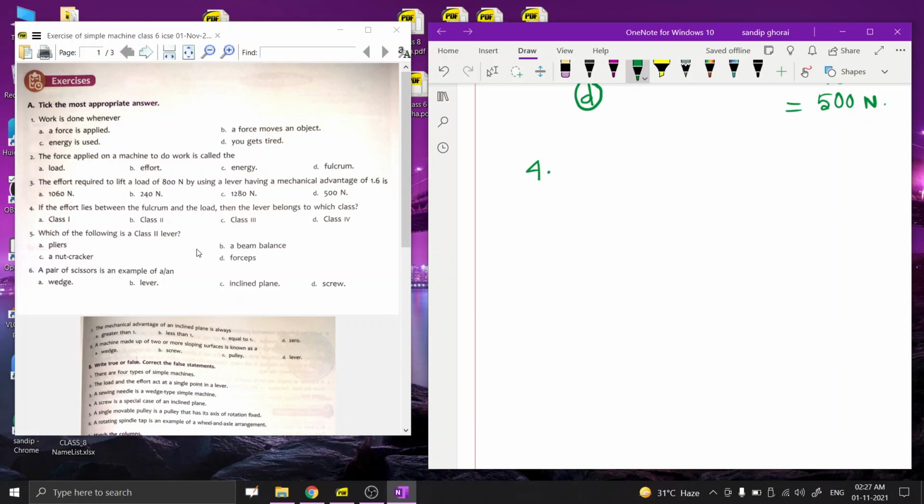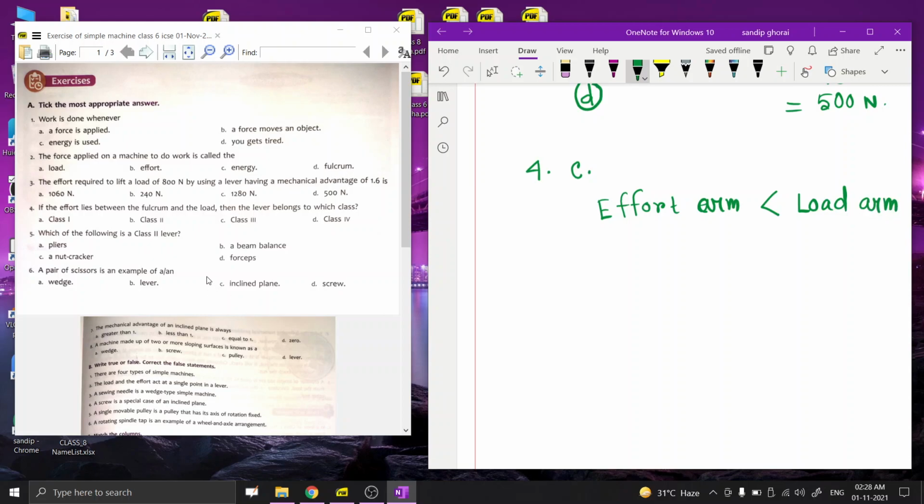That means load arm is greater than the effort arm. So this type of lever is class 3 lever. So option number C is the correct answer, because for class 3 lever we know effort arm is less than load arm.